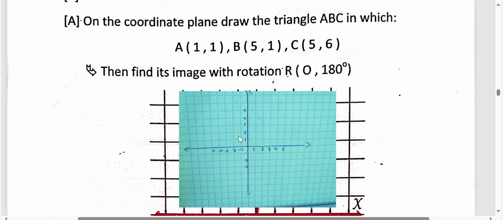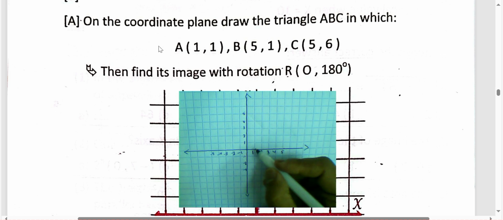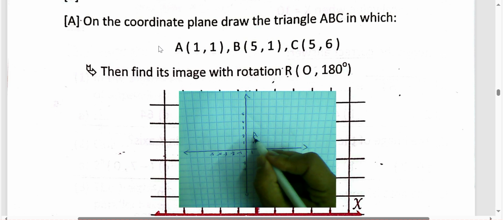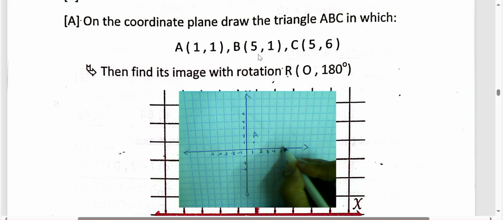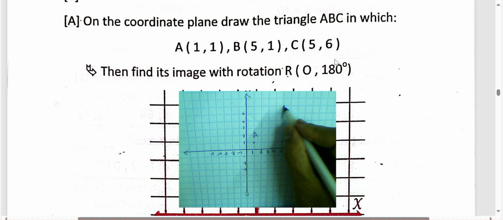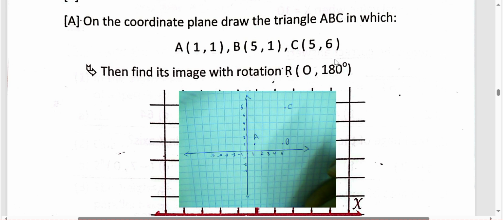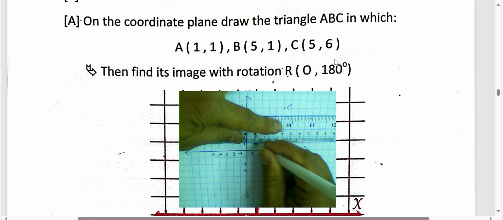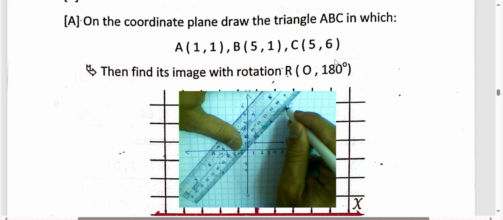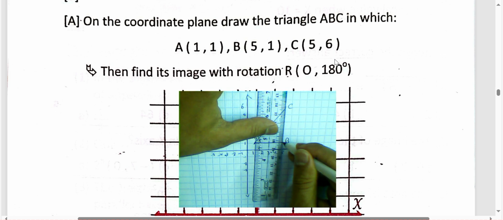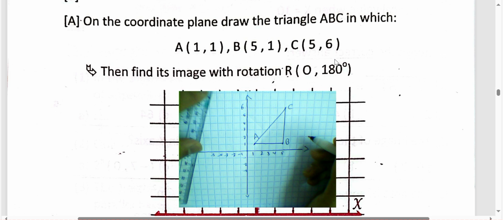Then put point A (1, 1): start from 1 going to 1, here is point A. Point B is (5, 1) and point C is (5, 6). Then draw the line segments with the ruler to form triangle ABC.